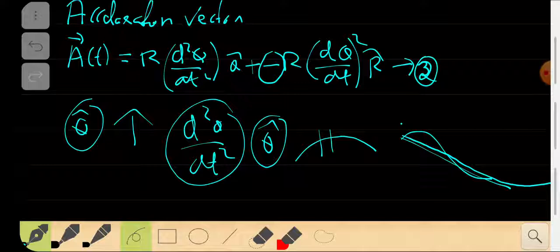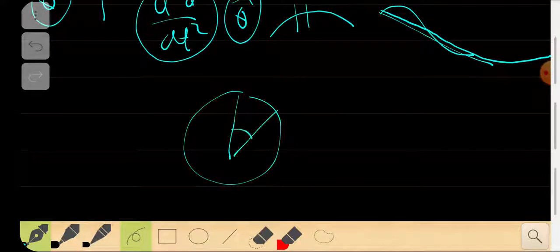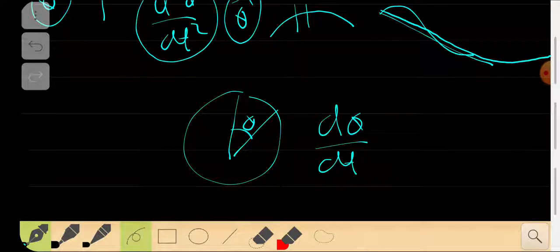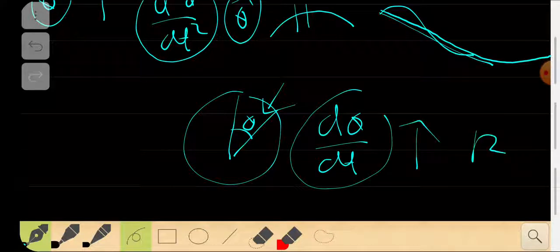That's very good. If you have a circle, the same thing, if theta is changing fast, the radial acceleration will be smaller for theta being higher.